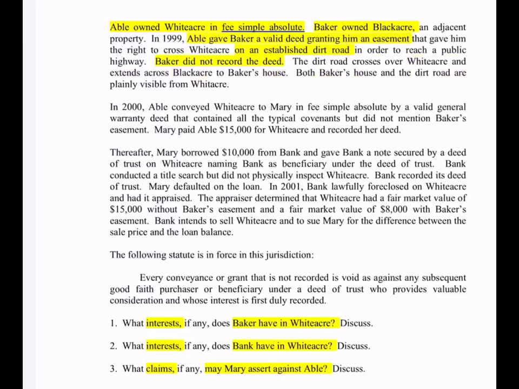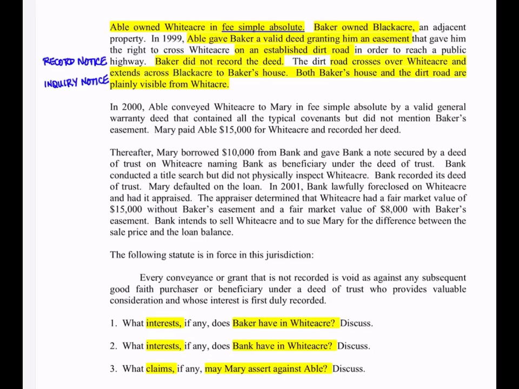We'll see. Probably not. But there's certainly inquiry notice because that road is clearly visible. And so a reasonable buyer would have seen the road and would have inquired about it and would know about the easement. So I'm expecting a sale coming up in this hypothetical.